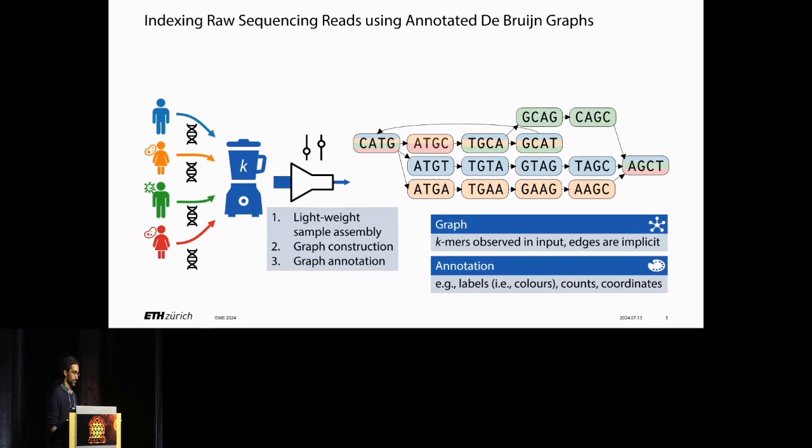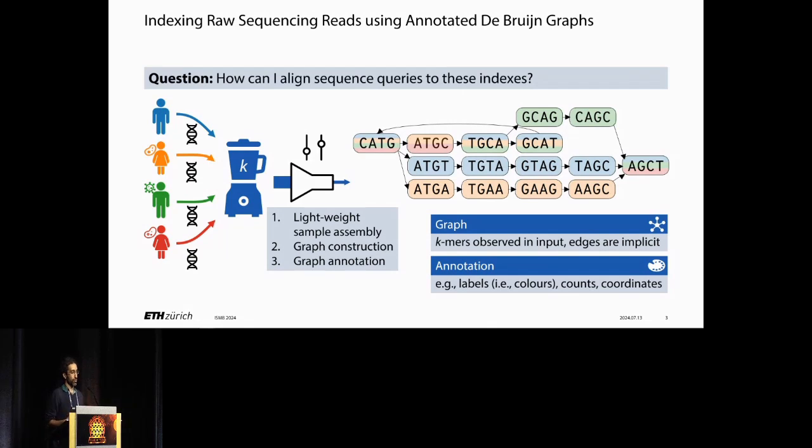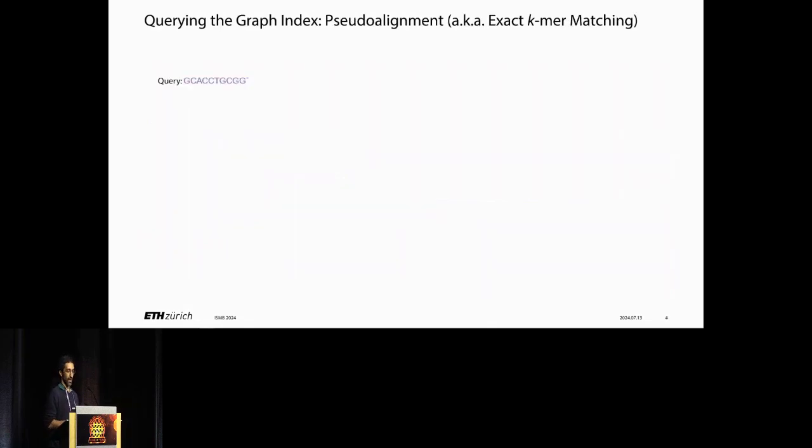So now a primary question, given this type of index, is how can I align sequence queries against an index of this structure? A simple way to do this kind of query is through a process called pseudo-alignment or exact k-mer matching. So I'll illustrate it now with an example.